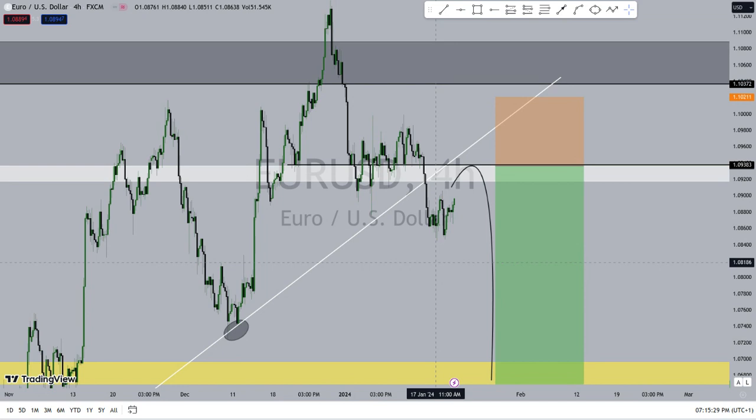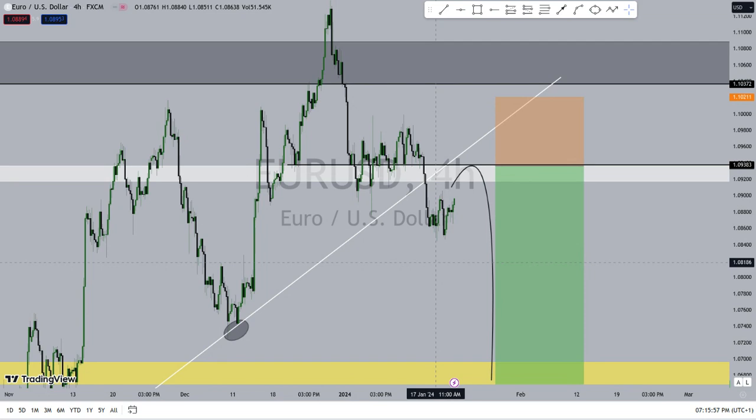So moral lesson, we should try to draw our levels more correctly, so we don't mistake the major levels for the minor levels, because when you want to draw a level, we are drawing major levels and not minor levels.